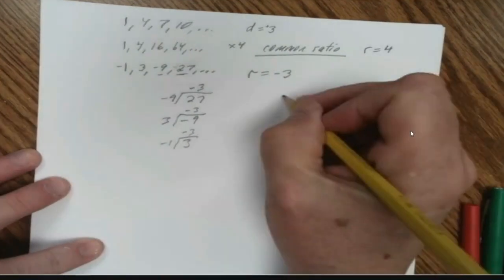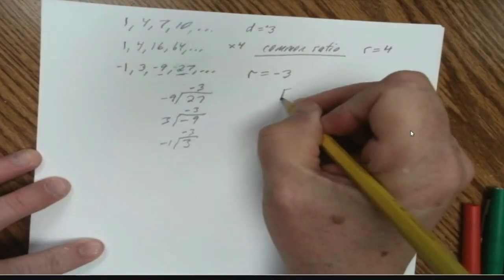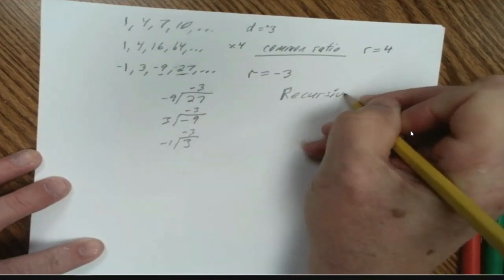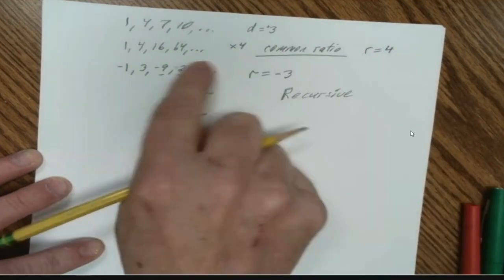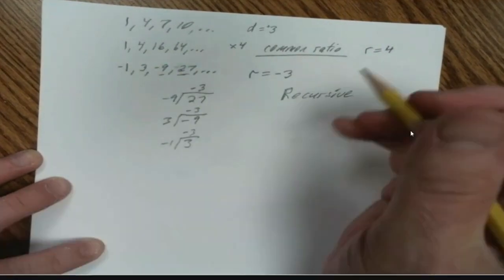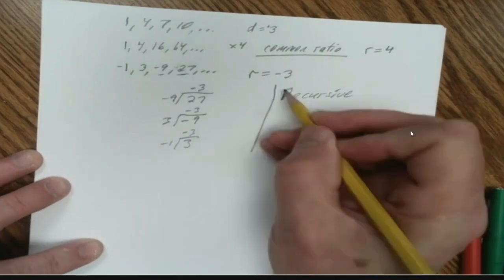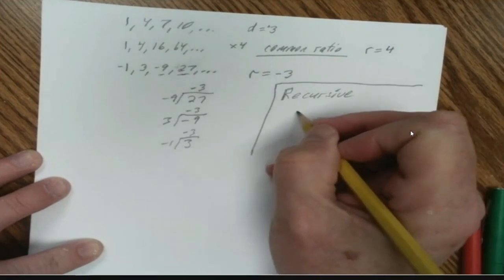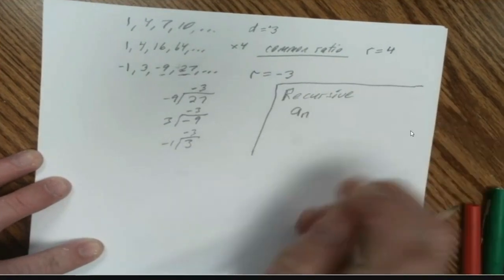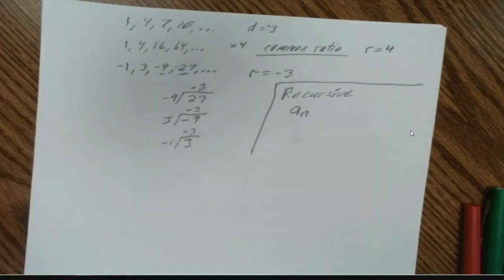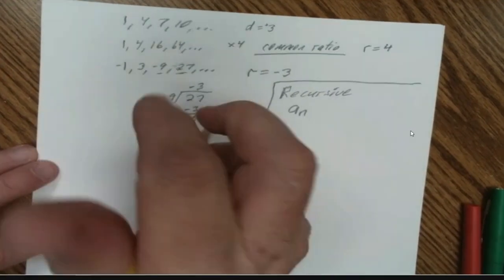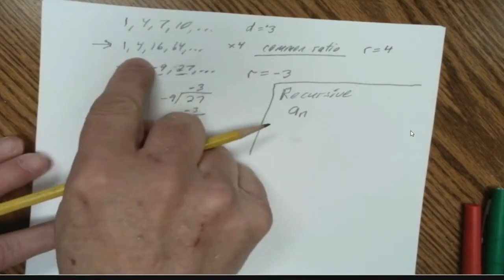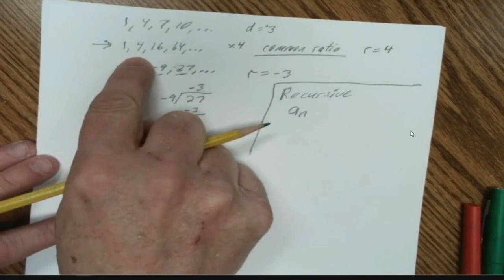Now, we talked about last time there is a recursive formula to help find a term in a sequence. We did that for arithmetic, and there will also be one for geometric. So if we want to know what a sub n is, and a sub n is whatever term, let's say we want to know the fifth term for this sequence.